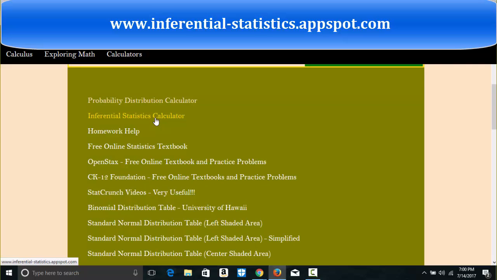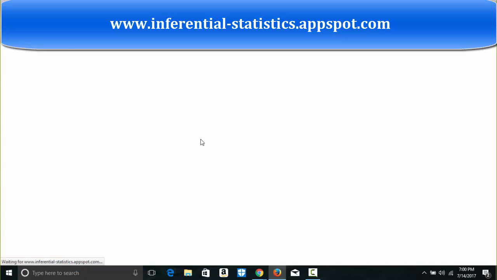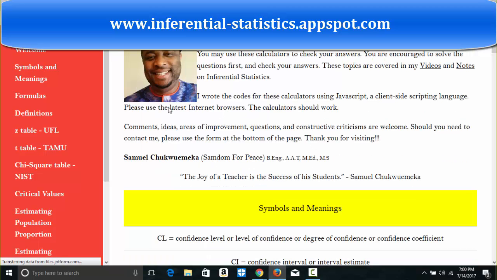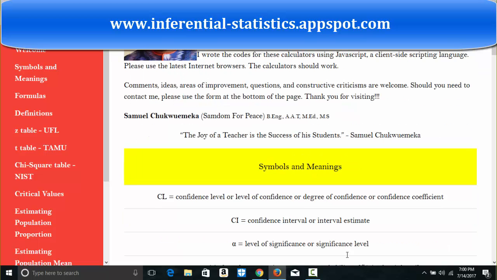You click on it. So with this calculator, I have also listed the terms, the symbols and meanings. Alpha is your level of significance or significance level.